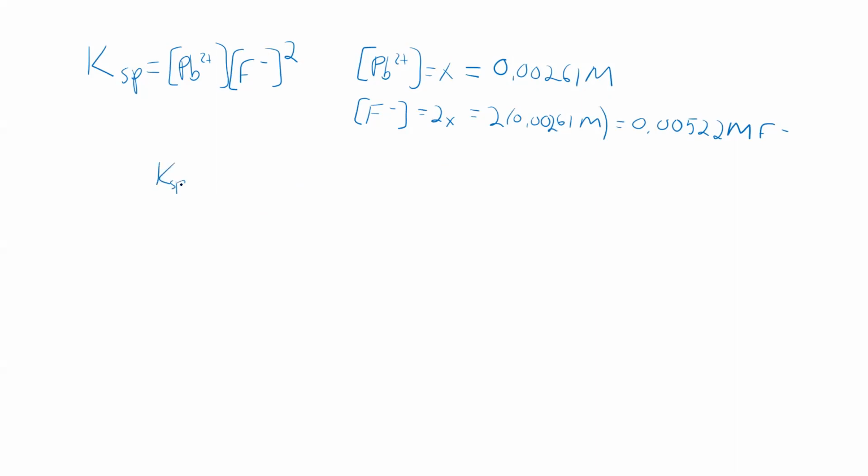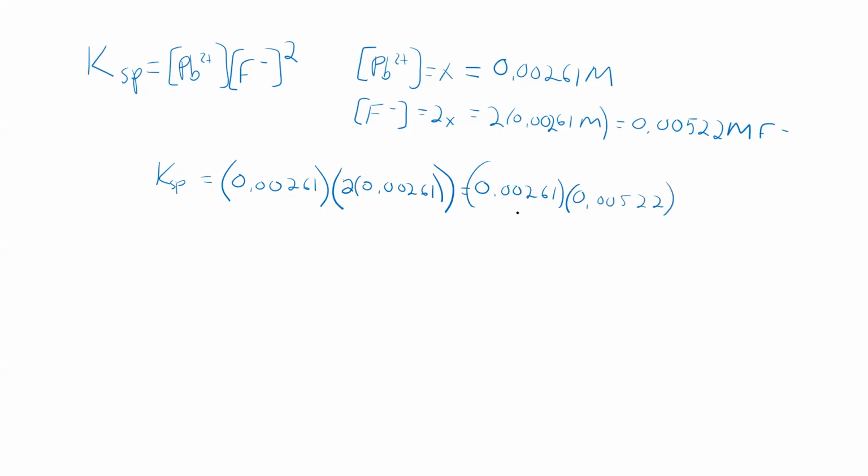KSP is equal to 0.00261 times, and I can keep it simplified if I want to, but if you just want to plug it in as 2x, you can say times 2 times 0.00261, which is the same as 0.00261 times 0.00522.